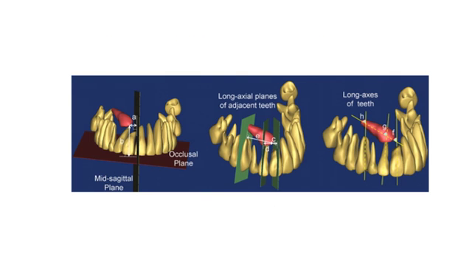We should consider the CBCT in different X, Y and Z planes, in relation to the long axis of the teeth and adjacent teeth, and also to the mid-sagittal plane.